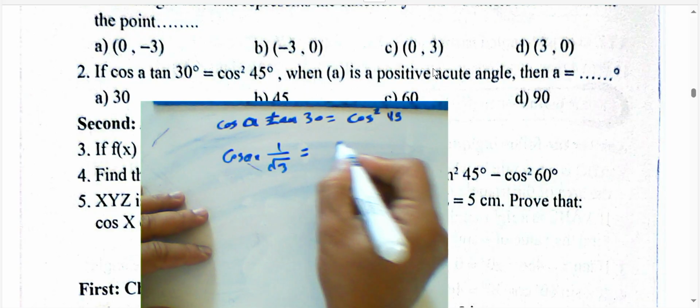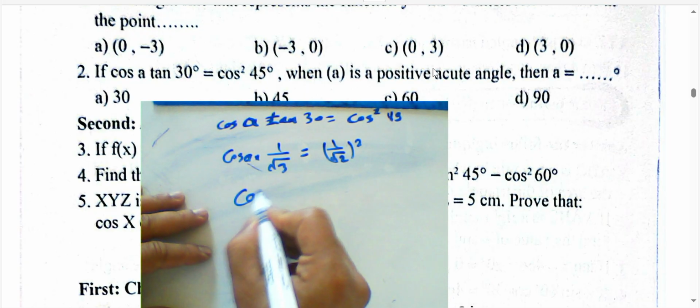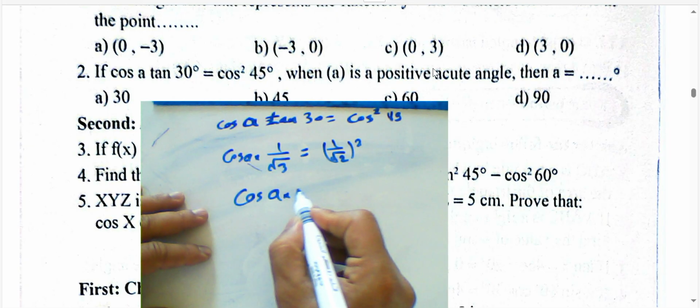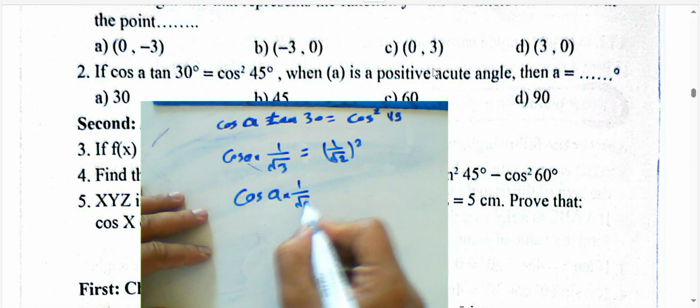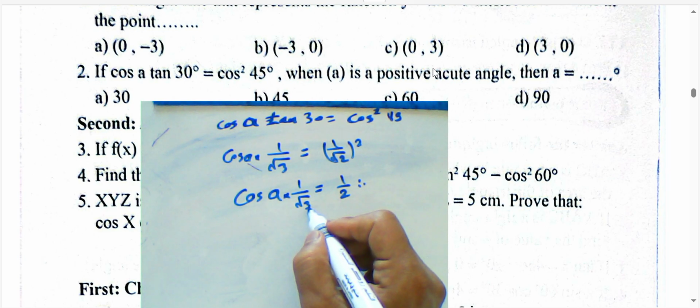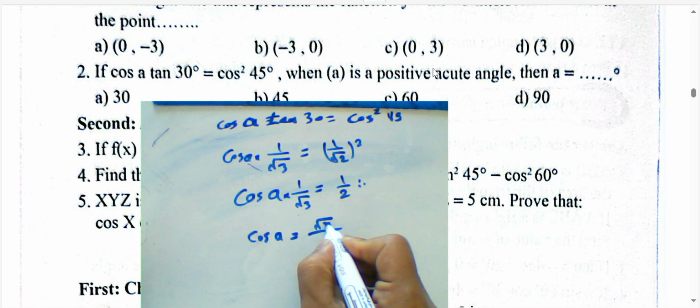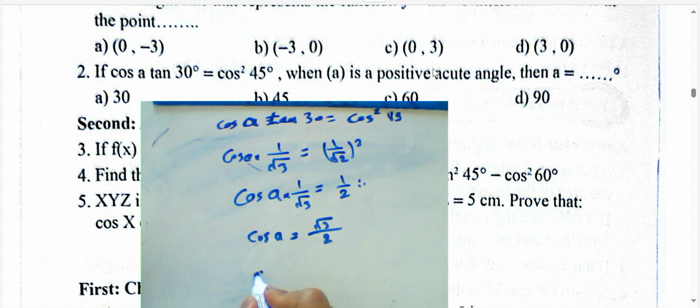Cosine 45 will be 1 over root 2 all power 2. And then we can write cosine A product by 1 over root 3 equal 1 over 2. Then we can product by root 3 to cancel root 3 in the denominator. Then cosine A equals root 3 over 2.